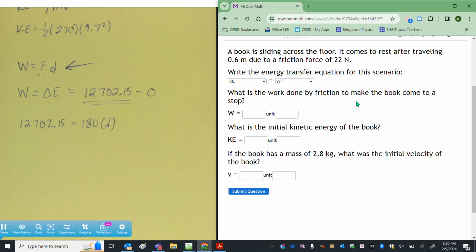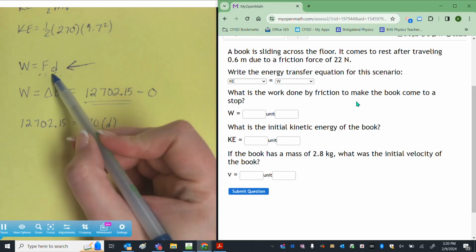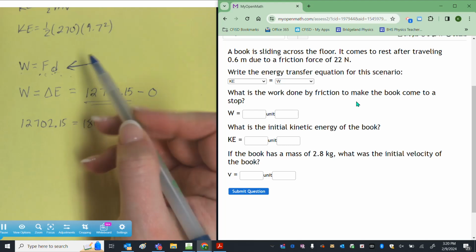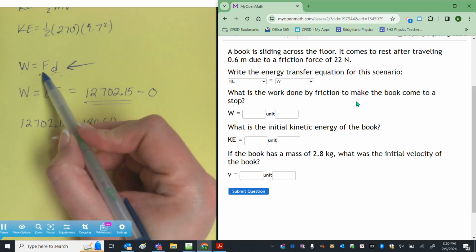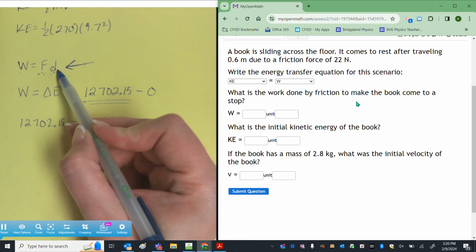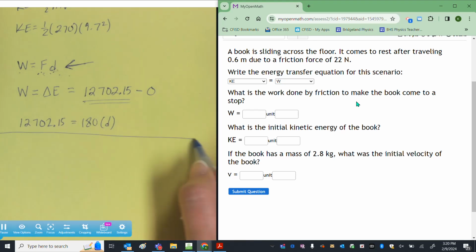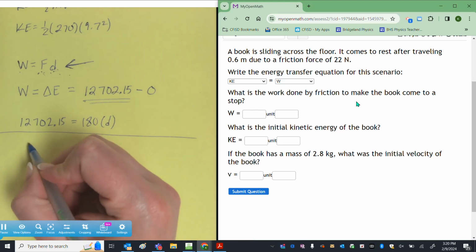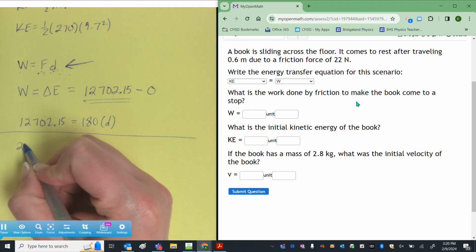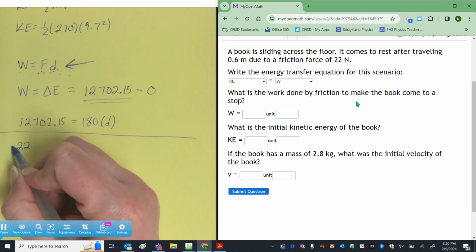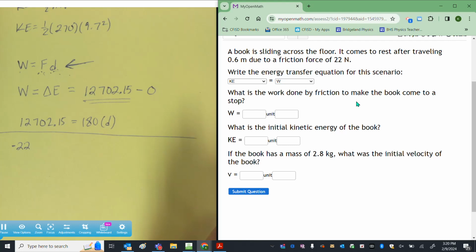We have our equation now, and it says, what is the work done by friction to make the book come to a stop? Again, we have a work equation right here. If we want to know work done by friction, we just need to do force of friction times the distance that it travels. In this question, it tells us that we have a friction force of 22 newtons. And so I'm going to label that as negative 22, because I know friction is always opposite the direction of my motion.